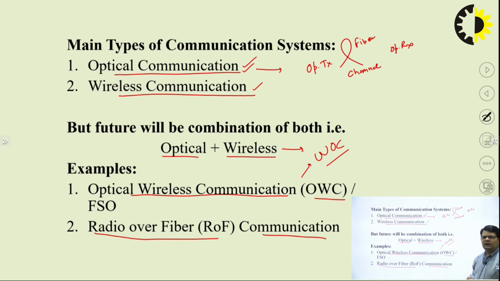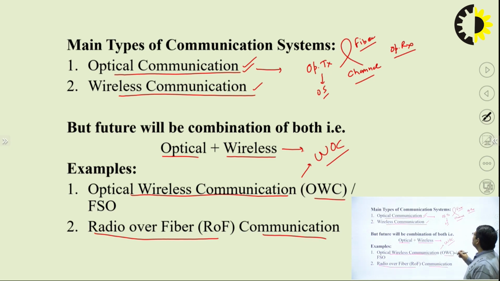Okay, so in the optical communication system we have an optical transmitter having some optical source like laser or LED. Then we have channel as a special guided media known as optical fiber cable. Then we have optical receiver. So this is the simple optical fiber communication system.